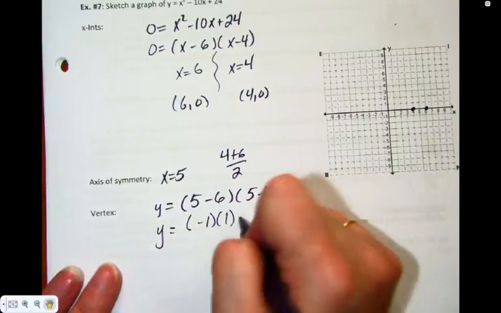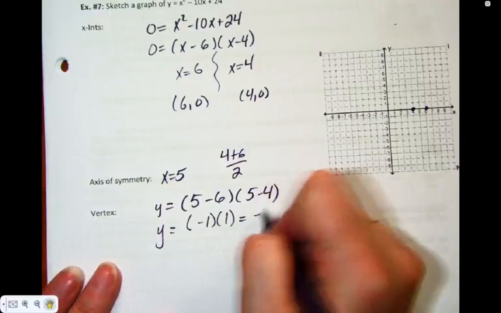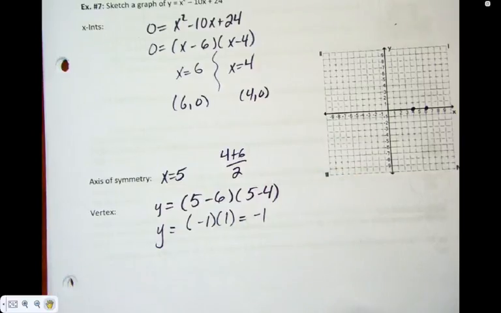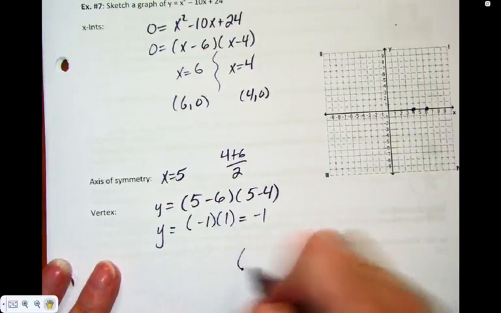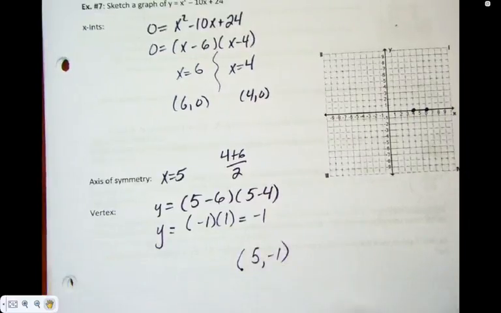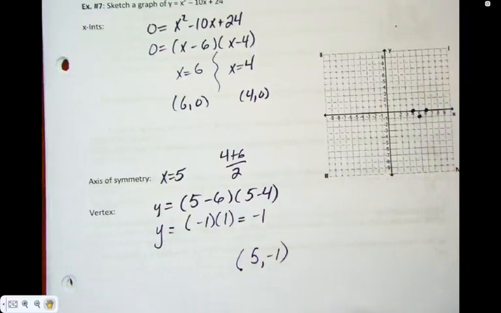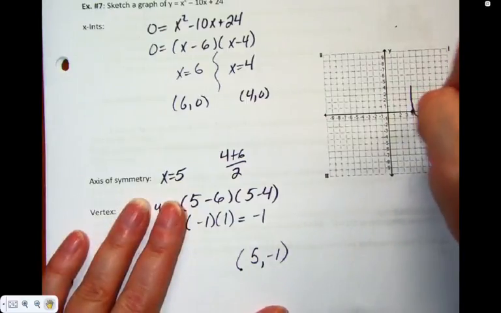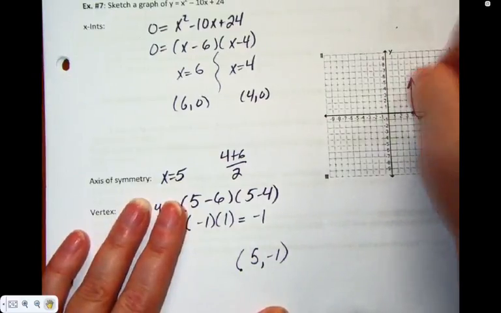Negative 1 times 1. What does that make the vertex? Here's our little tiny parabola. Don't forget your arrows.